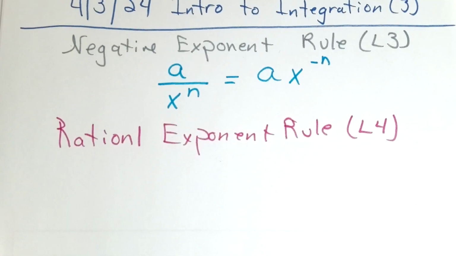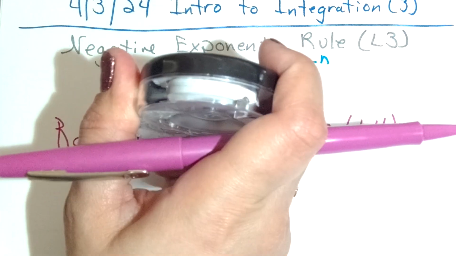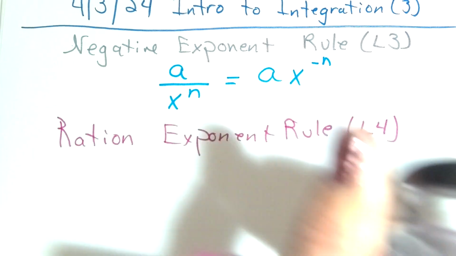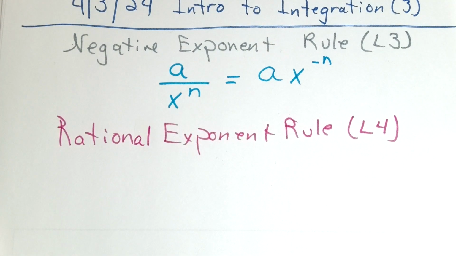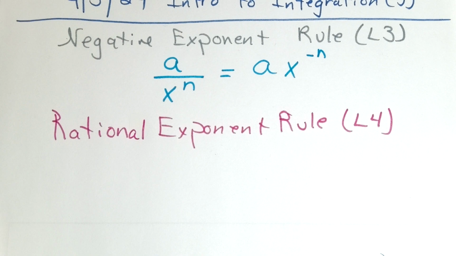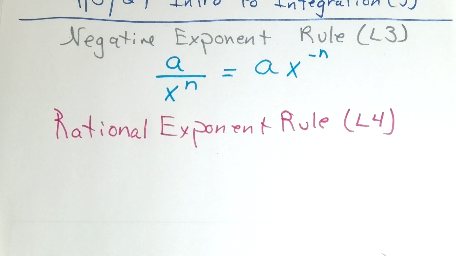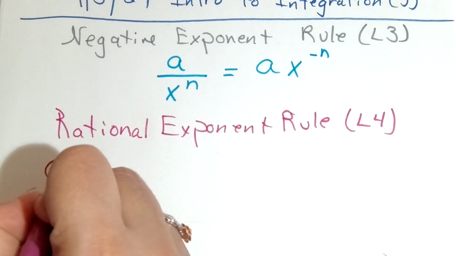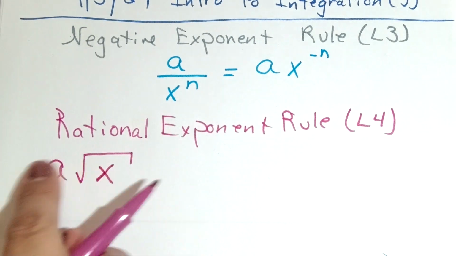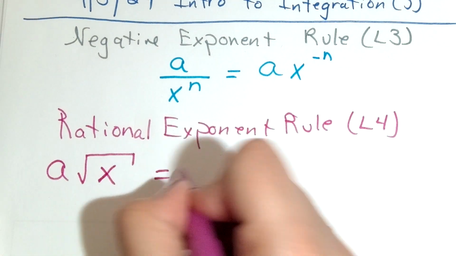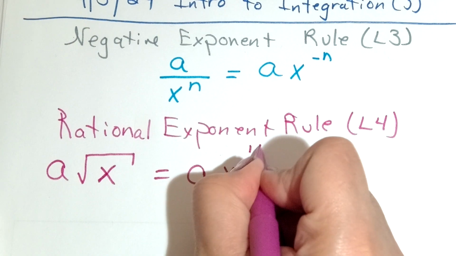So you can try level 4 and attempt to get that level 4. Sorry, I spelled rational wrong. We have 3 rational exponent rules. Rational means that it can be written as a fraction. So if we have a times the square root of x, this square root can be written as ax to the 1/2.